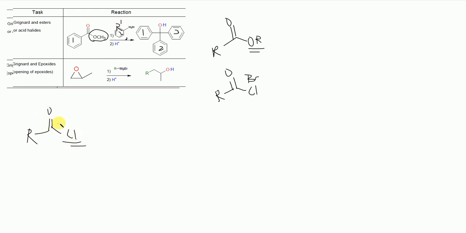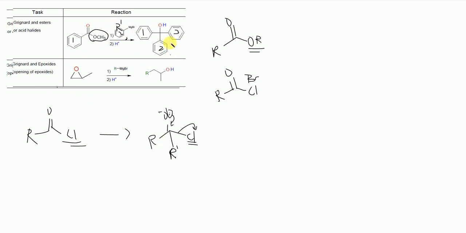When I attack the first one, I get the O minus, and I have the chlorine over here, and I have the R prime that I add. This is a good leaving group. Chlorines are a good leaving group. They're stable when they're negative. So this can come back down with its pair of electrons and kick off the chlorine or the bromine or whatever. And that's the concept, okay? So that's the concept here.